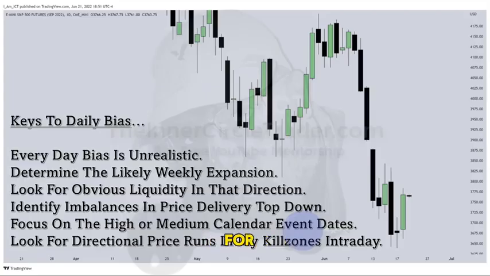I'm looking for the higher time frame weekly to expand in a specific direction. That starts my bias. Then, if I think it's going to be going higher or lower for a specific target or imbalance, I'm going to go to the economic calendar to look for when that might occur. Now, there may be a move that happens prior to the economic calendar event occurring, and that's just going to be a missed opportunity.